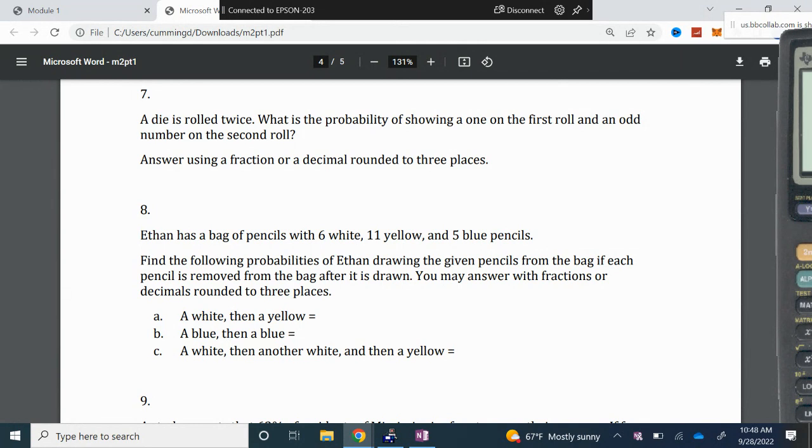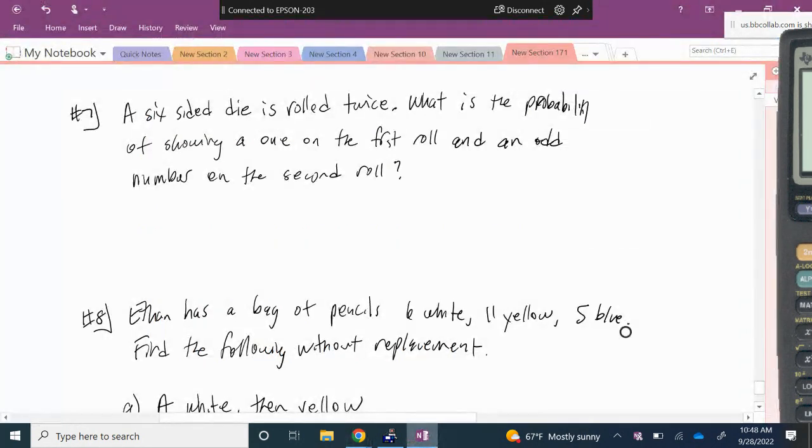All right, let's take a look at the example. The first one says a six-sided die is rolled twice. What is the probability of showing a 1 on the first roll and an odd number on the second roll?